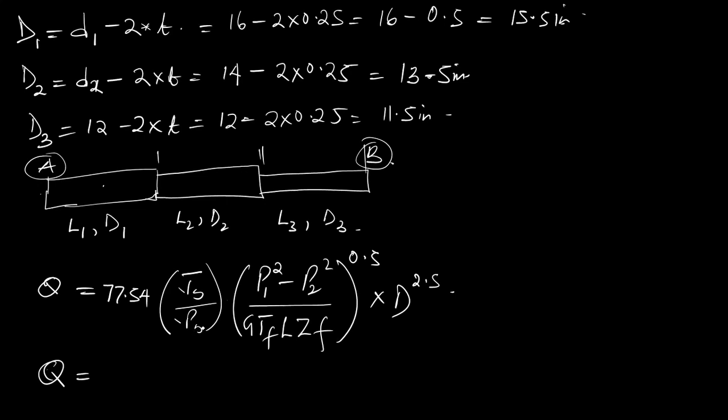The gas properties are constant and are not being affected. The gas coming in is not being affected. The properties of the gas are not being affected by the dimensional properties of the pipe. So these gas properties are constant.